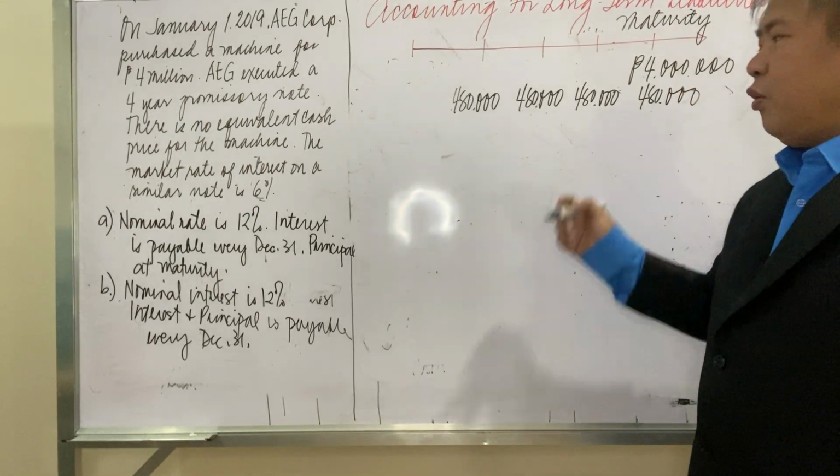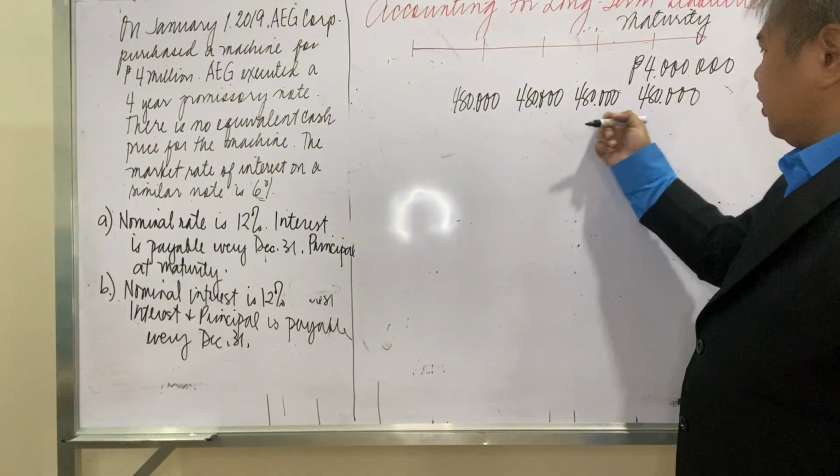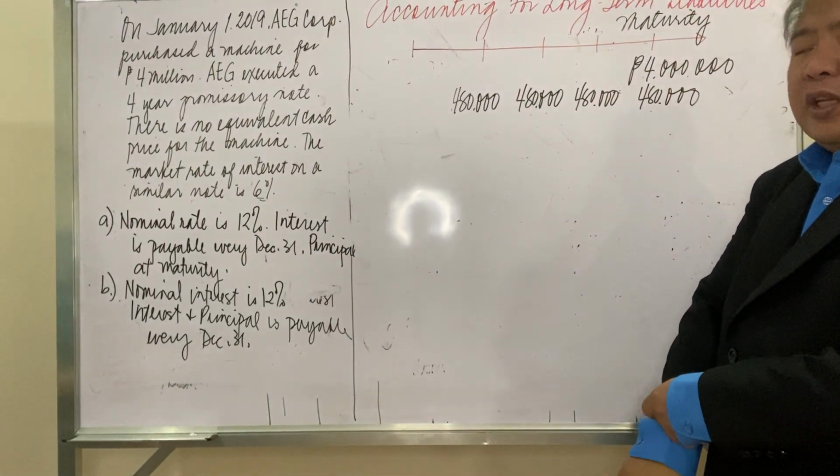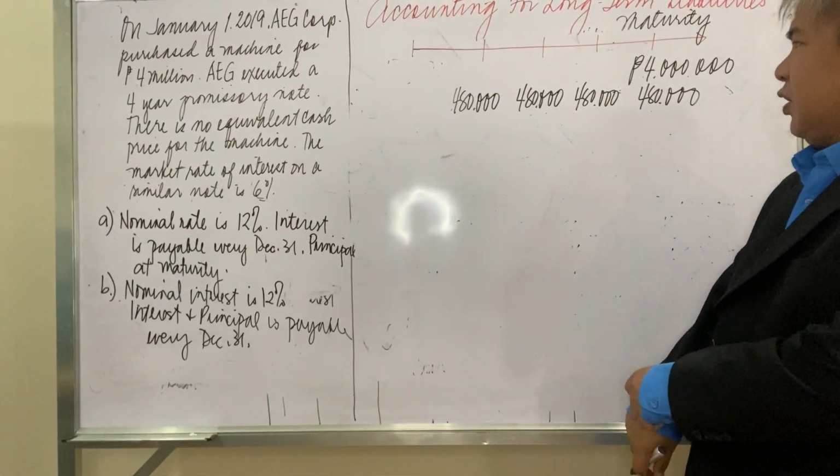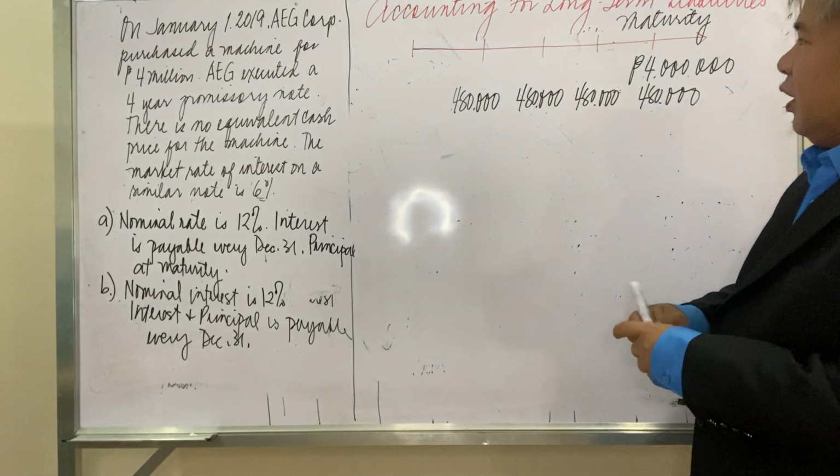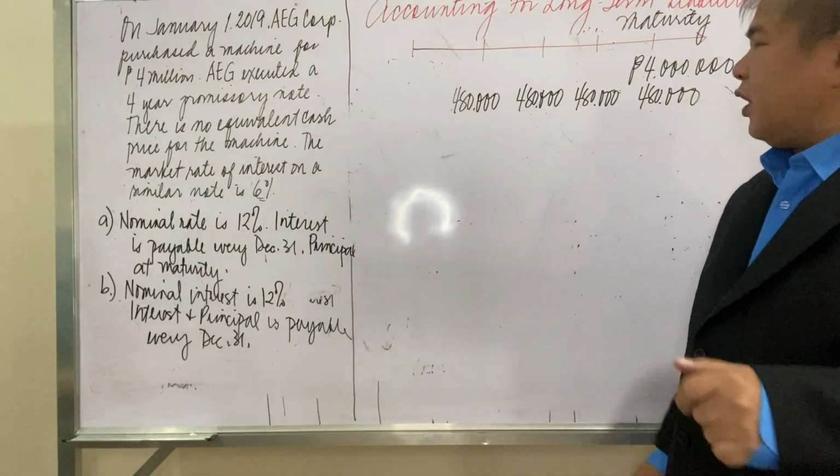Based on the timeline, we have to pay 480,000 for each year, every December 31st.